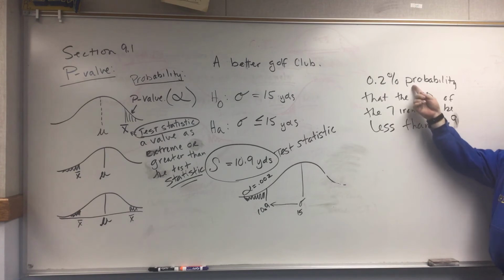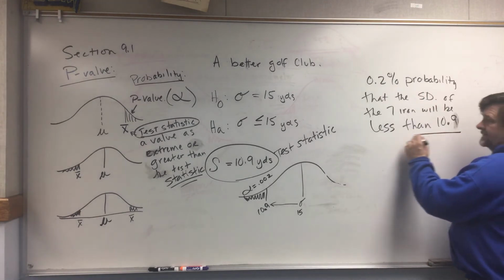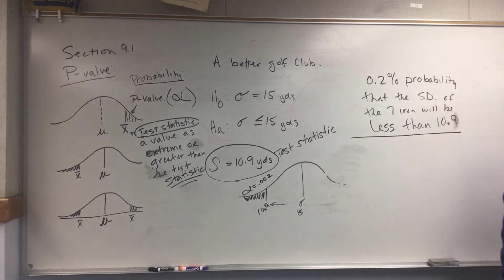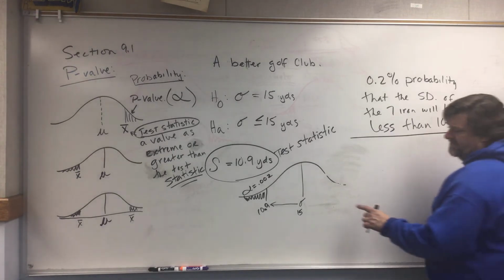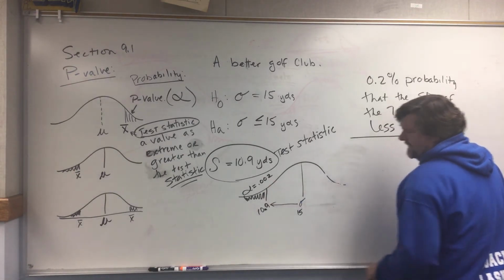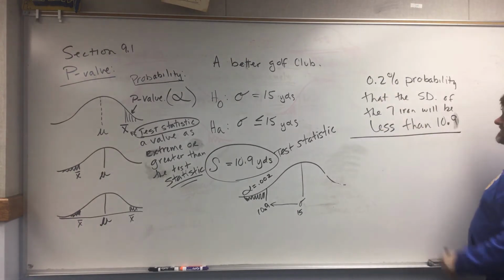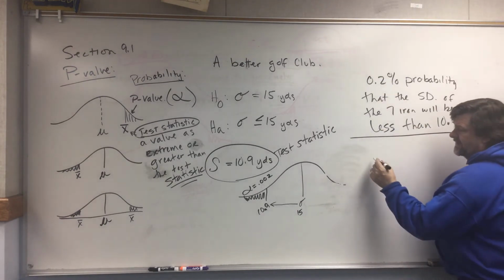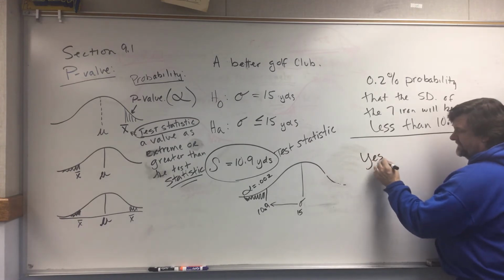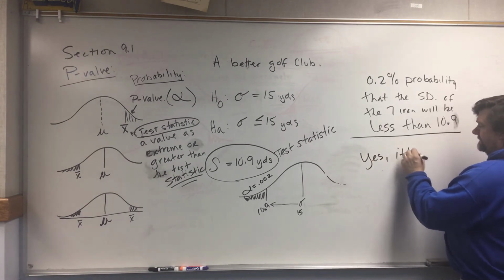That's a pretty low percentage. Is that statistically significant? Yeah, it's statistically significant. It's way out there. There's literally only a 0.2% chance that this happened by random chance. So, yes, it's significant.